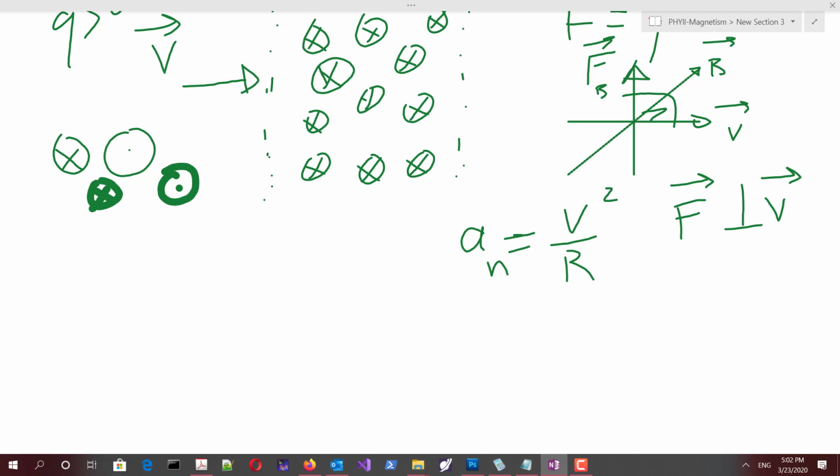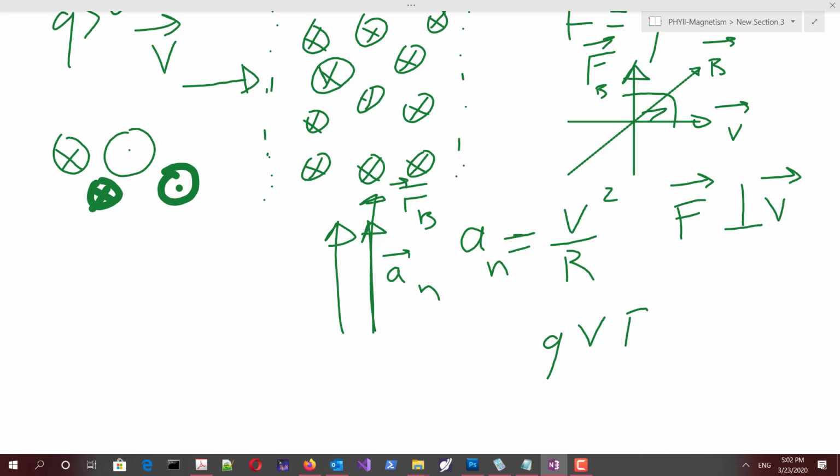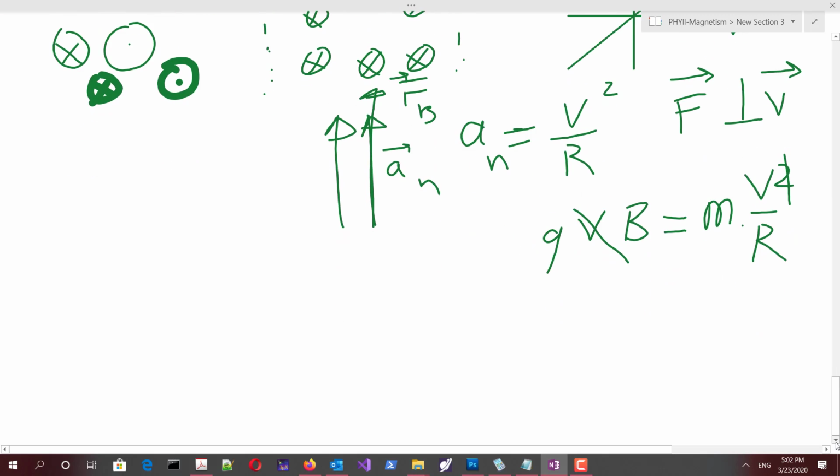So if I apply Newton's laws of motion here for this particle, here is the acceleration, the vector acceleration. Here is the force, the magnetic force. And if I project that vector in this direction, all it gives me is, first of all, Q times V times B times sine of 90 degrees, which I'm not going to write because it's 1, equals the mass of this particle times its acceleration, which is V squared over R. Cancel the square with the V, and from here we're going to find an interesting result.